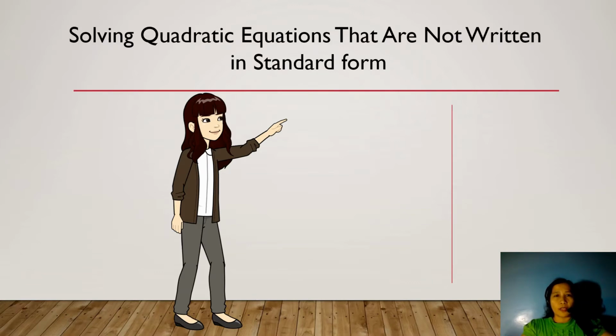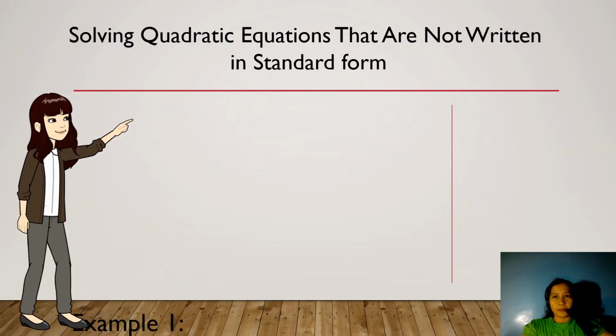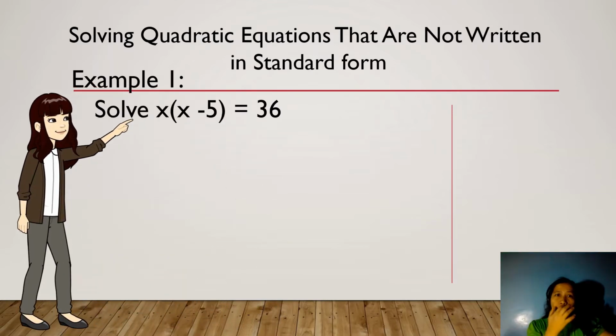Direction: Solving quadratic equations that are not written in standard form. Sample number 1. Solve x times the quantity of x minus 5 is equal to 36. How can we solve that? We use the distributive property. We multiply x to the x minus 5.